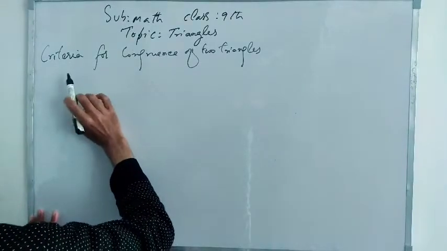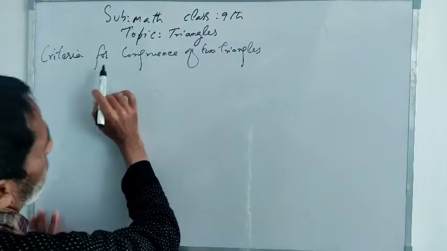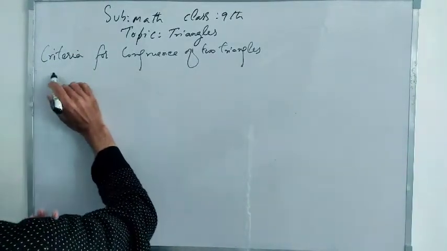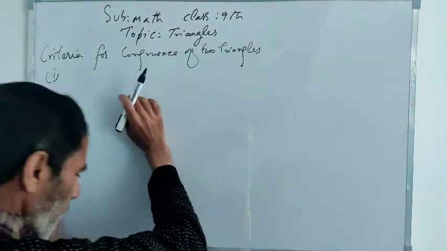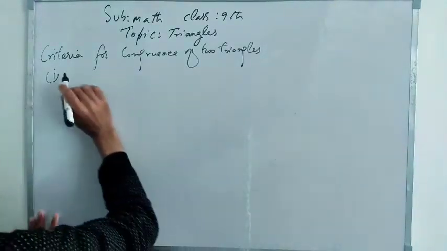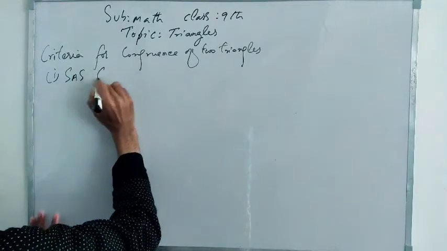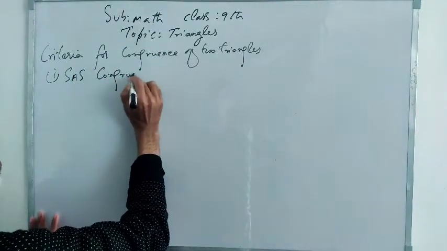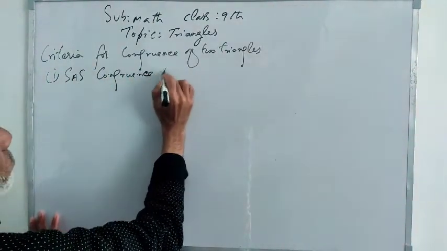After this, we will state criteria for congruence of two triangles. First is the side angle side congruence rule.